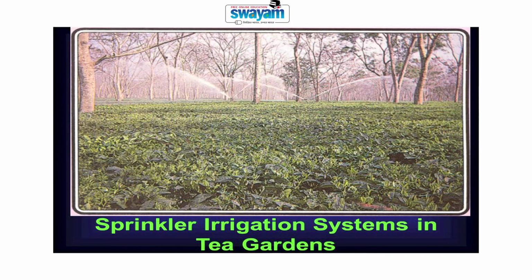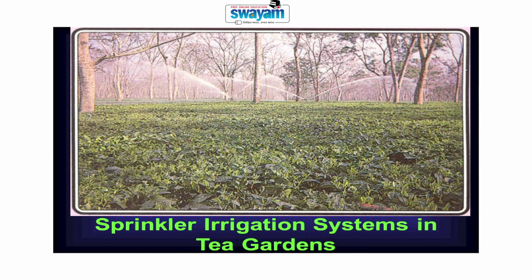Now, we move towards another technology of modern irrigation methods, which is the sprinkler irrigation system. Historically, sprinkler irrigation was used in the early 1960s, when this technology was introduced in the tea gardens of the country.